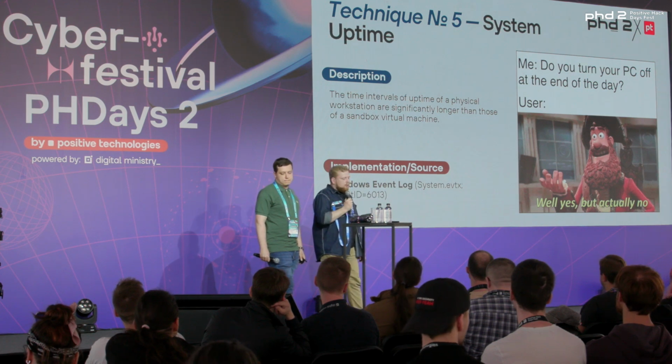But now let me move on to 2 other techniques that can be analyzed when a VM machine is started up in a sandbox. Technique 5 is the system uptime.